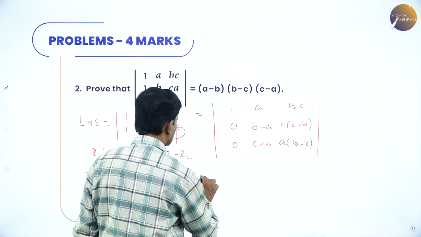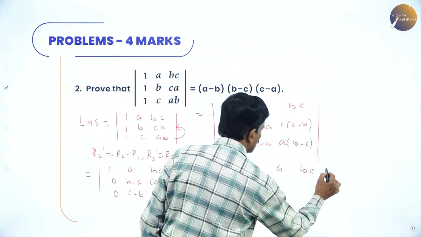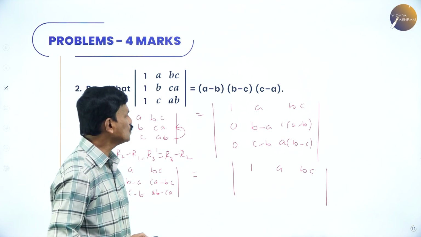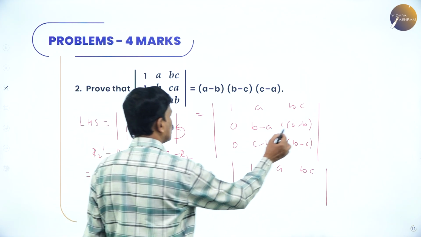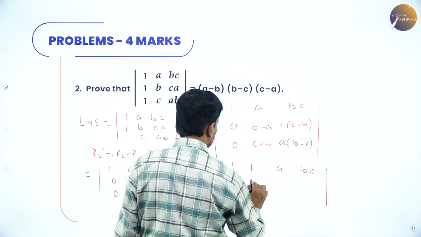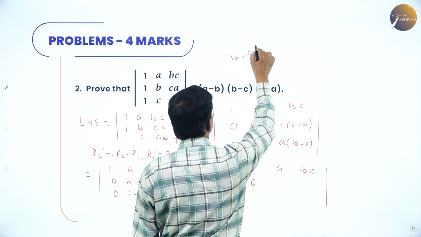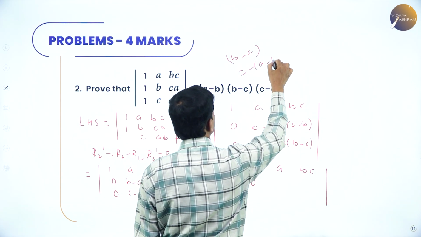So the first row is 1, a, bc as it is. Now in the second row you can take a minus b as the common factor. So this becomes 0, and b minus a can also be written as minus of a minus b.